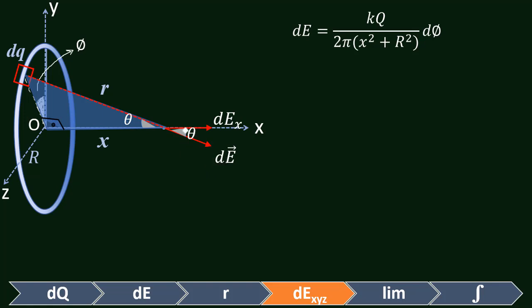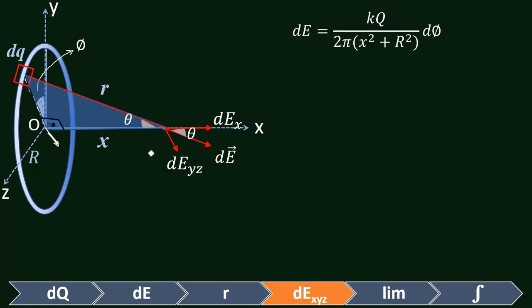The electric field will have a component along the x-axis, dEx. And I'm going to define this component of the electric field, which is a reflection of the vector on the yz plane, and call it dEyz. And dEyz will have the exact same direction as this vector right here.